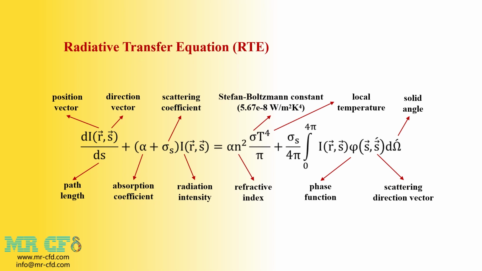The index of refraction is taken into account when considering radiation in a semi-transparent medium. Things like absorption coefficient, scattering coefficient, refractive index, etc. are defined in the section of determining the desired material properties in the software.